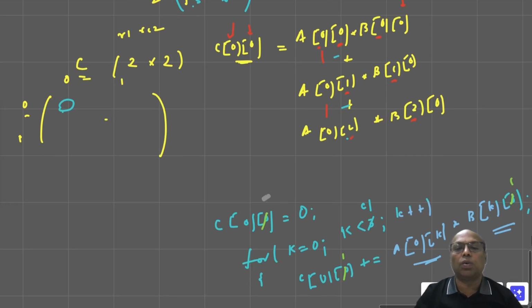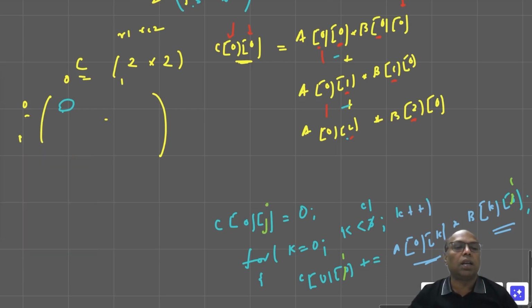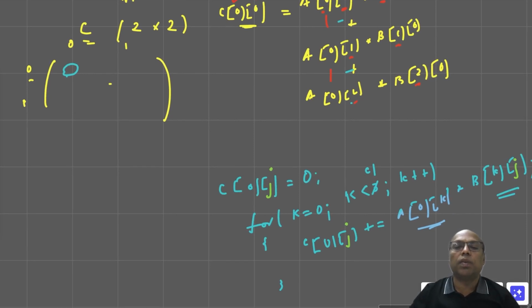So what I can do is simply put a variable j in this place. Make it j here. Make it j. Where j has to be varied from 0.